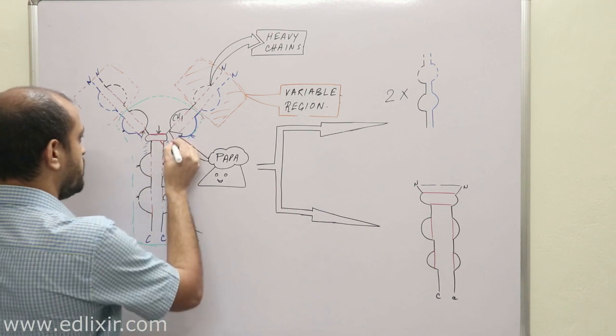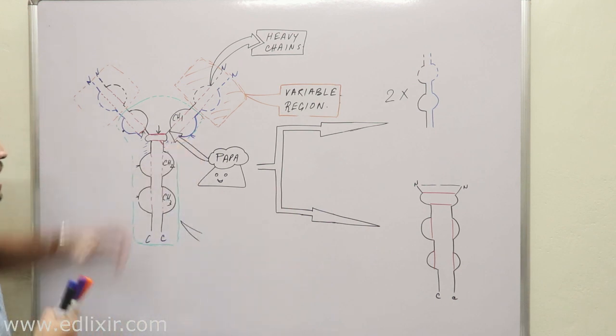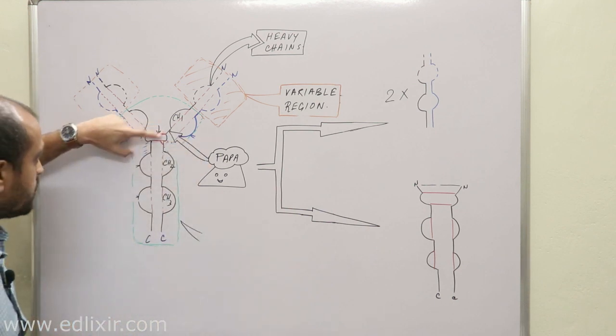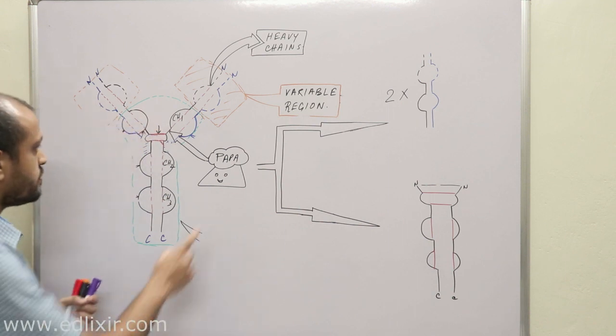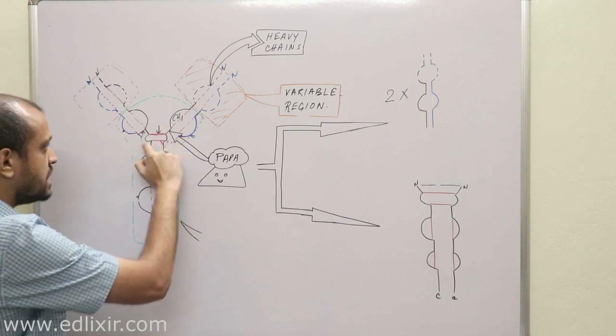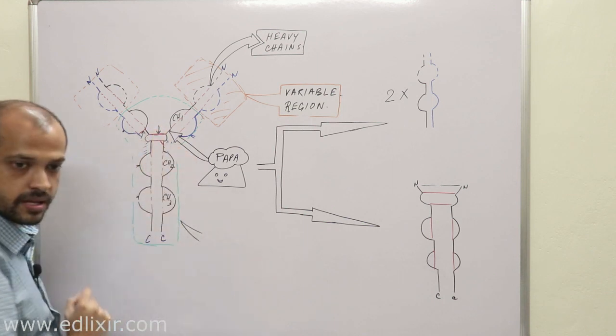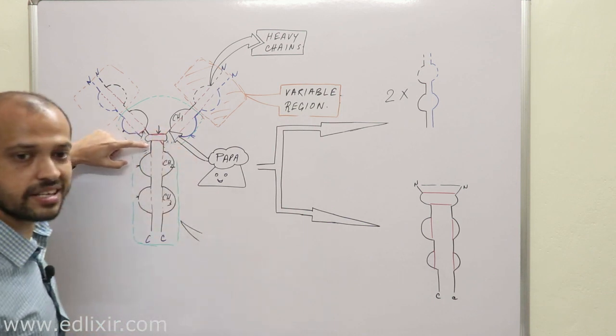That means papain attacks above this particular disulfide bridge. Now listen, when papain attacks, this disulfide bridge remains intact.